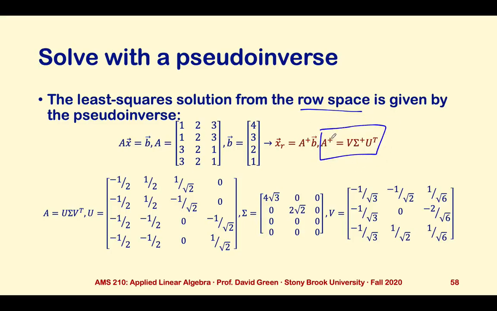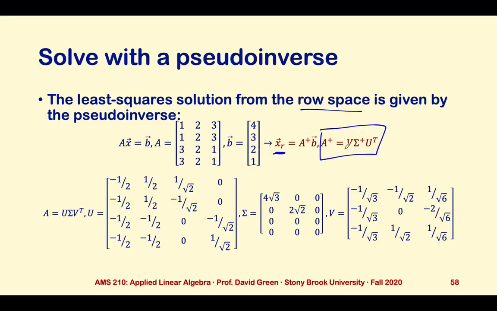Defining A plus as V sigma plus U transpose, we can multiply this pseudo-inverse by B, and this will give us the best, in a least squares sense, solution to this inconsistent system, where that solution comes from the row space of A.